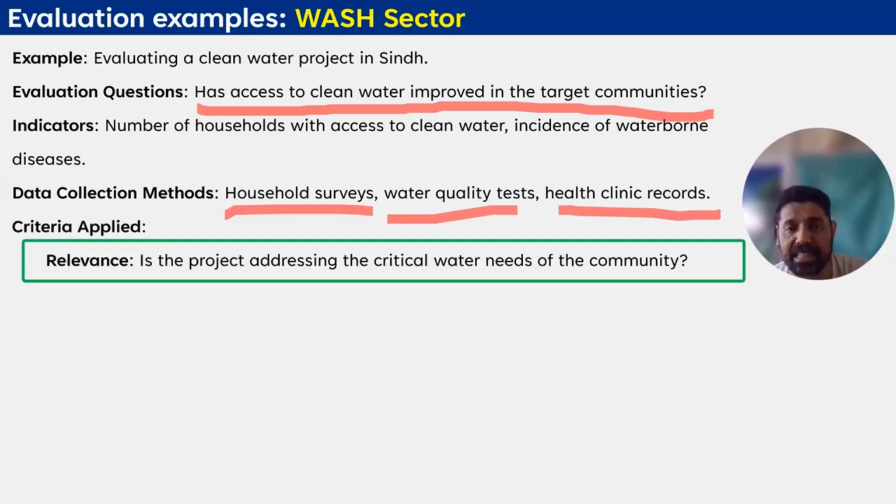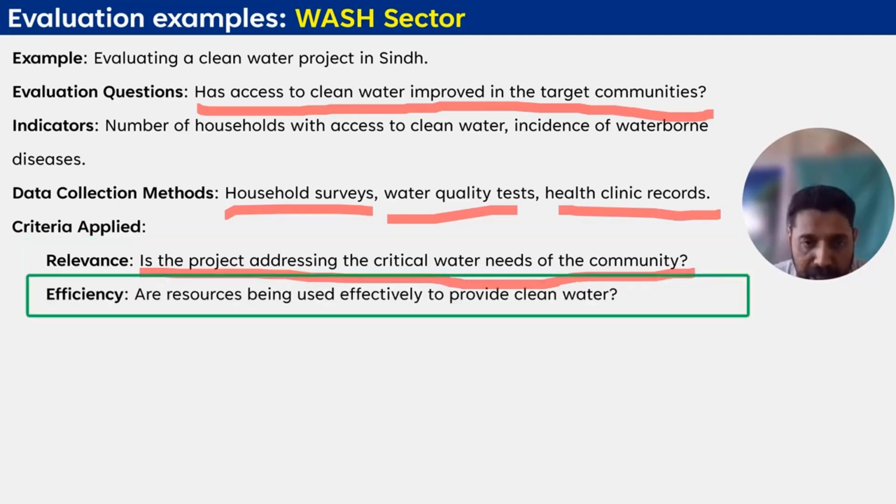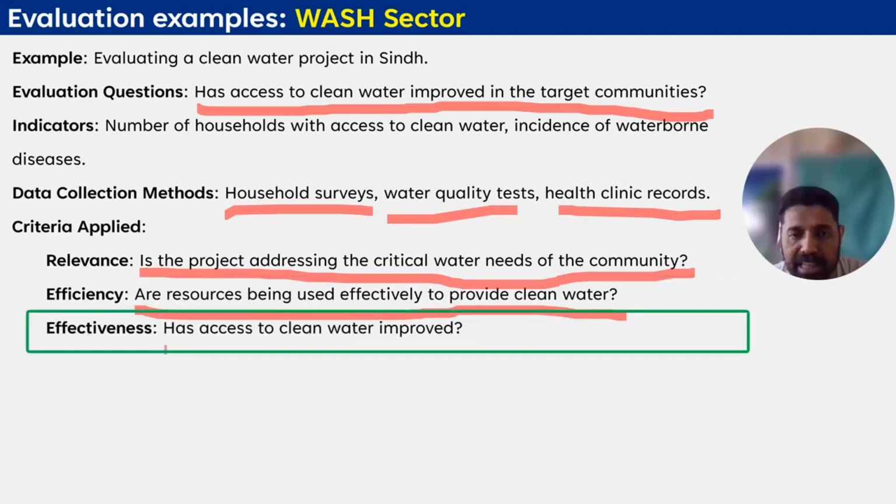Relevance: is the project addressing the critical water needs of the community? Whether there was actually a problem related to water in that community. Efficiency: are resources being used effectively to provide clean water? Effectiveness: has access to clean water improved?